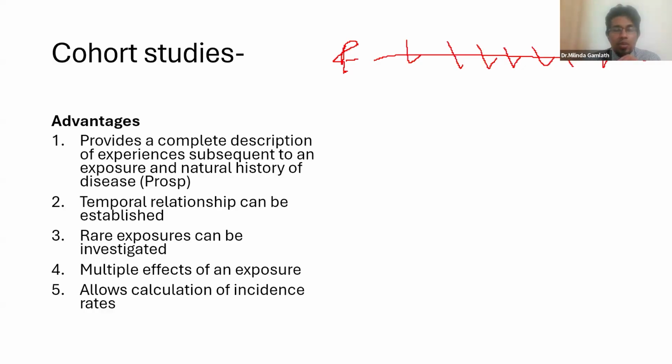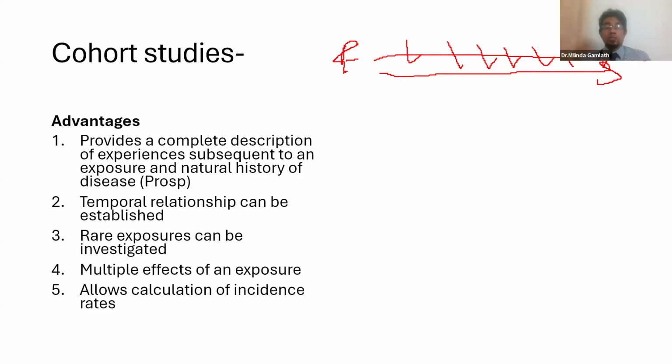All the complications that happen, the time frames in which they happen, all of them you can know in a prospective cohort study. Why? You are following them up longitudinally, into the future. So that is one advantage. You can get a very detailed history about that disease.